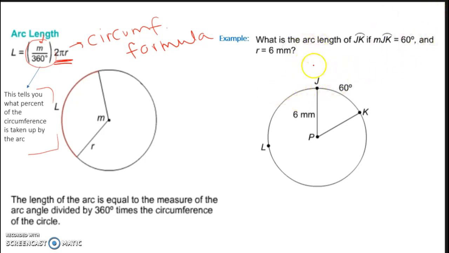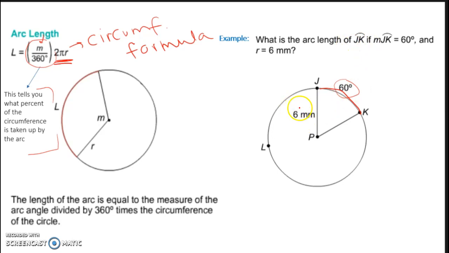So, for example, we have JK as our arc here. And we know that the arc measure, so notice the difference between arc measure and arc length. Arc measure is like angle measure. It's in degrees. Arc length is like a distance, a length. So the arc length is referring to the actual distance of that arc.